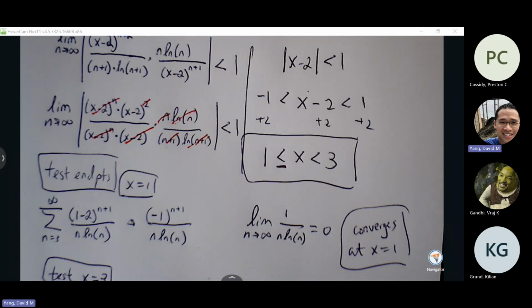Okay, so which testing rules do we need to know? You need to know all the ones that you've been tested on in the quiz. So nth term, geometric series test, comparison test, p-series.